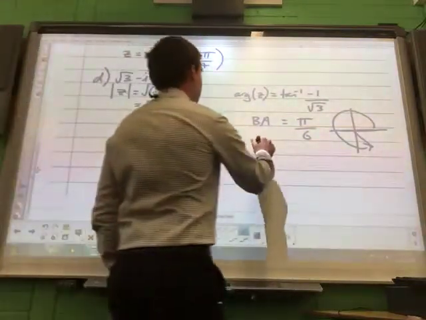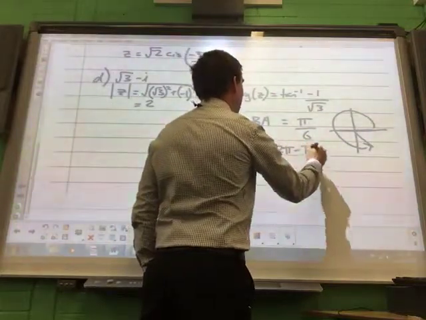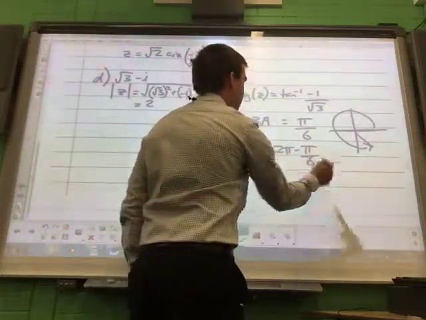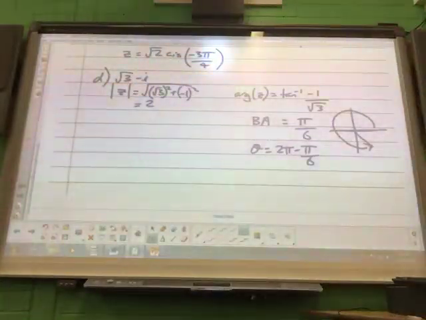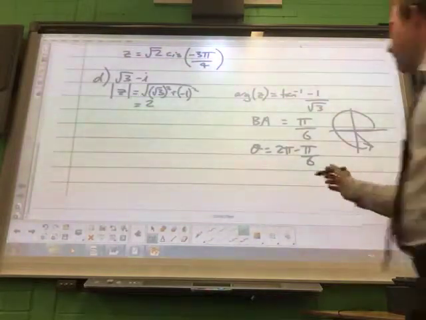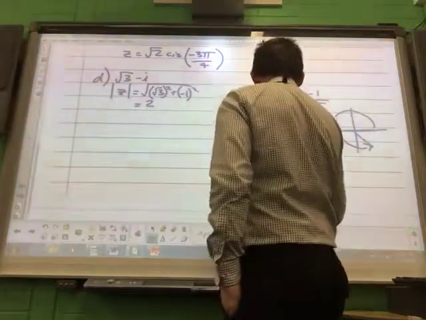So theta is going to be 2 pi take away pi on 6. 2 pi we can represent as 12 pi on 6, take away pi on 6, which is 11 pi on 6.